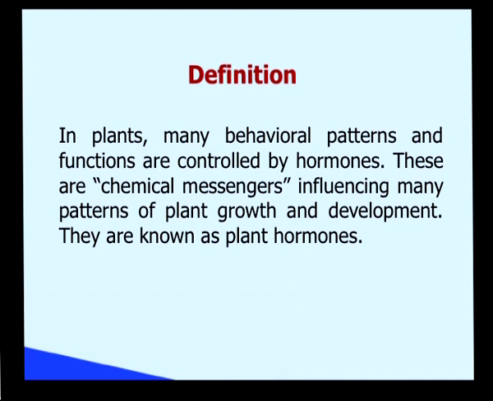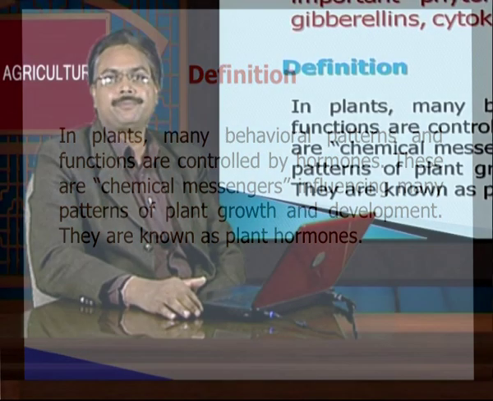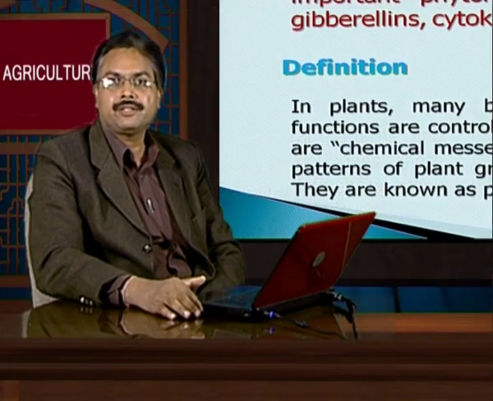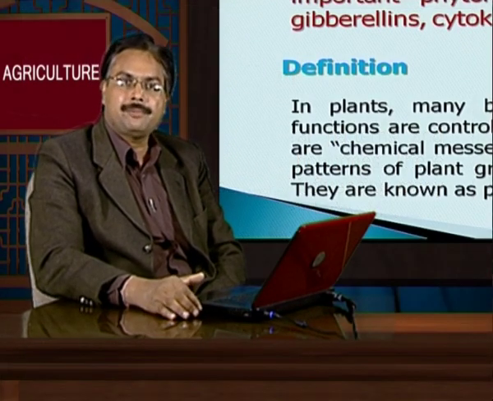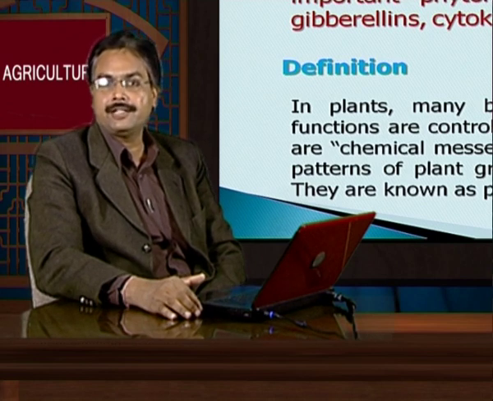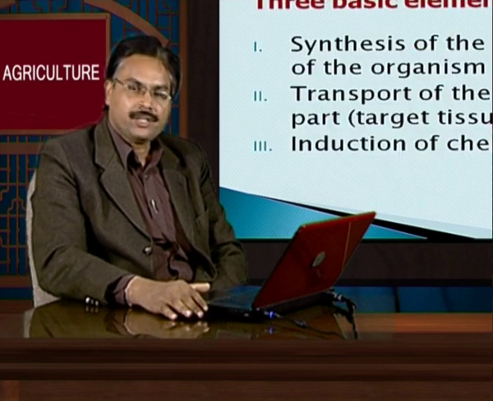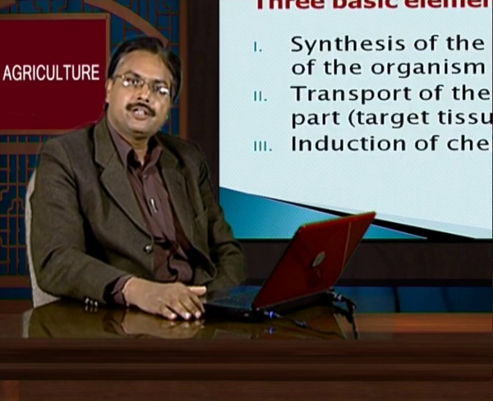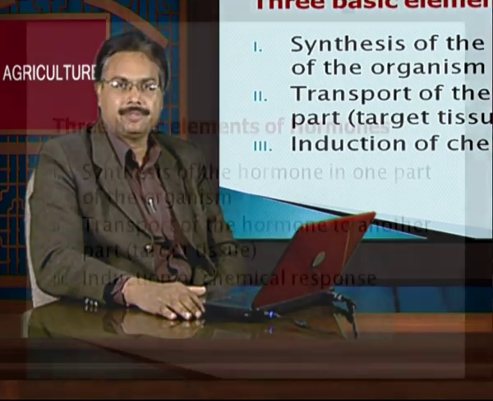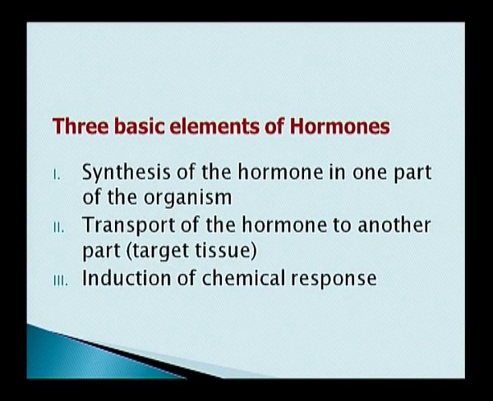So, the question is, the plants need phytohormones for their growth and development, but some other chemicals, even water, fertilizers and manures, are also utilized by the plants for growth and development. Then which are the chemicals which we identify as growth hormones or phytohormones? In order to distinguish between phytohormones and other chemicals, there are three basic requirements for being a hormone.